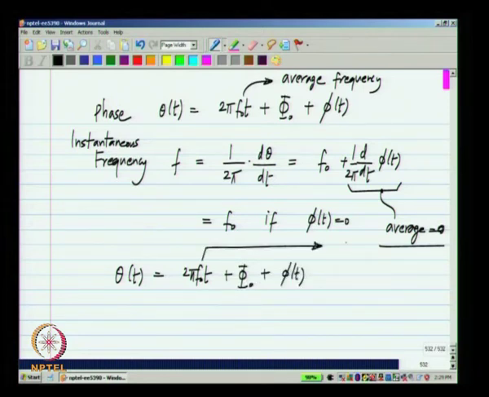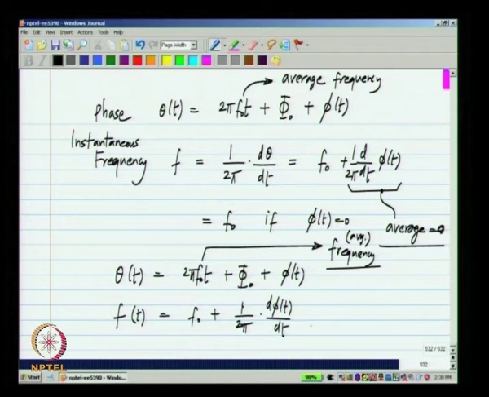And this can be called frequency, and what is meant here is of course the average frequency, and the instantaneous frequency, this could also be called frequency. So, this is another thing.